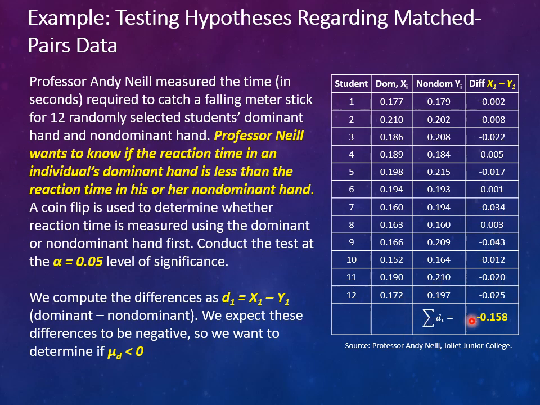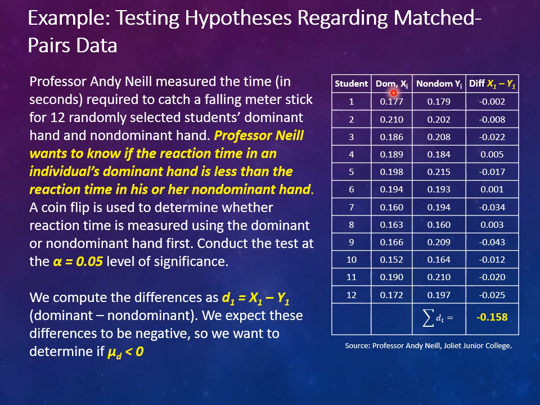Here we sum up that last column. Why do we do that? Because we also want the average, or the difference mean. It's part of what we use to calculate the test statistic. Okay. We expect these numbers to be negative, right? Because we expect the dominant hand, the hand you rely on more, to be quicker than the non-dominant, so the time is shorter.